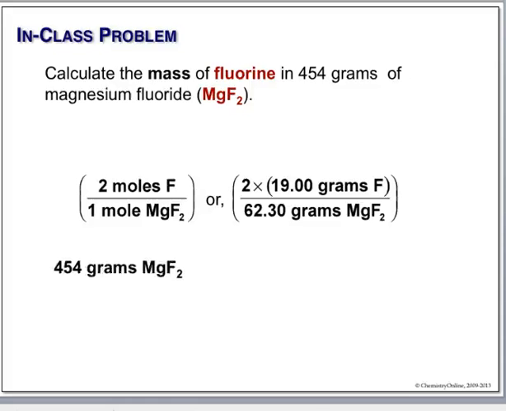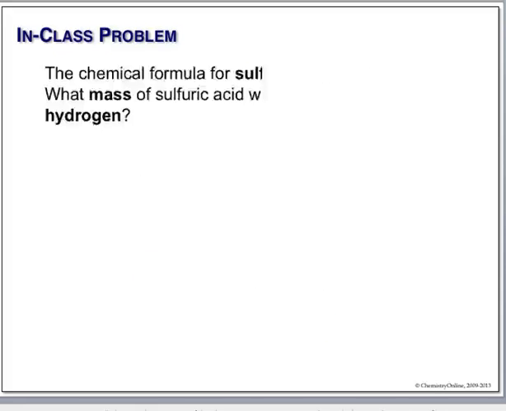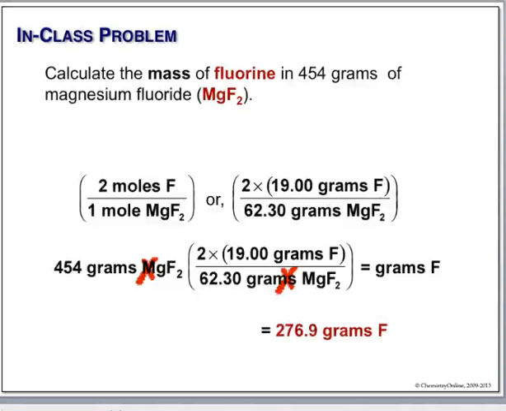I'll just take this whole thing, move it down for my ratio. This will cancel, so I only need to calculate once. 454 times 2 times 19 divided by 62 gives me 276. It should be 3 significant figures. Whoops, so that's wrong. It should be 277 because we have 454.